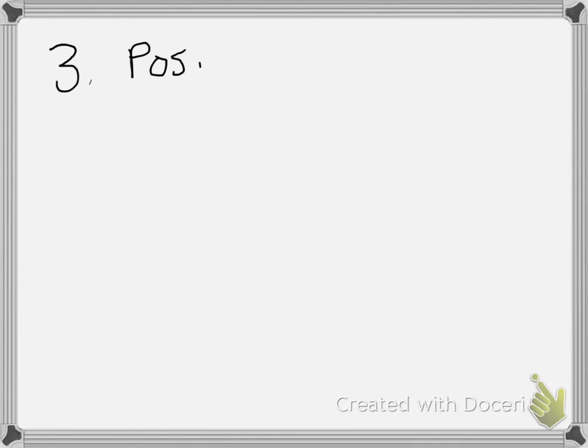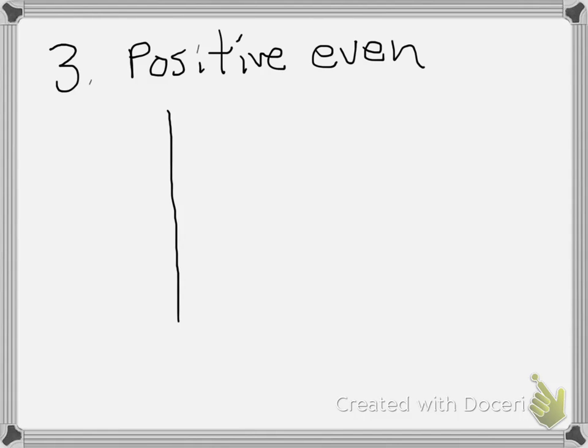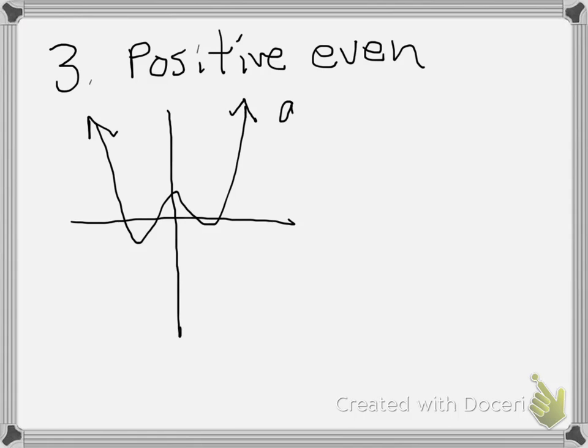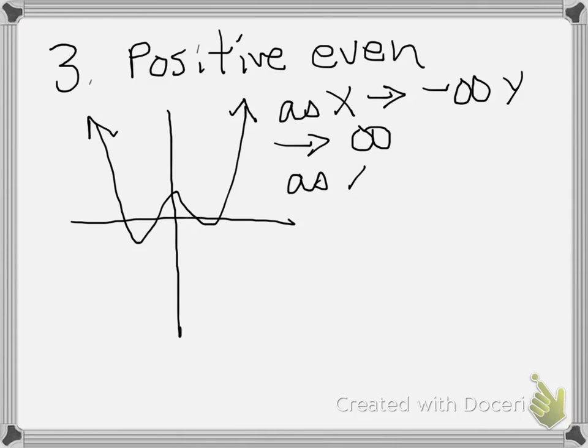The third possibility is that it's positive, but now it's an even function, like x to the fourth. So as x approaches negative infinity, rewind, y approaches infinity, but as x approaches infinity, y also approaches infinity.